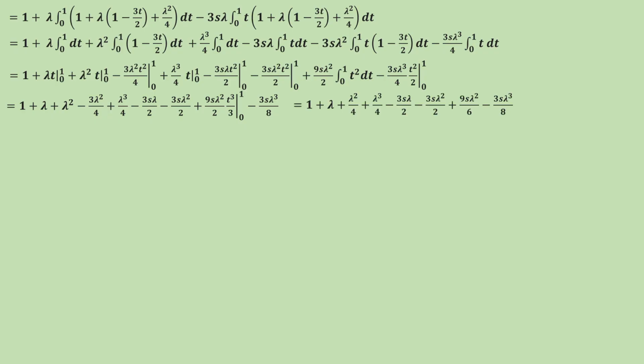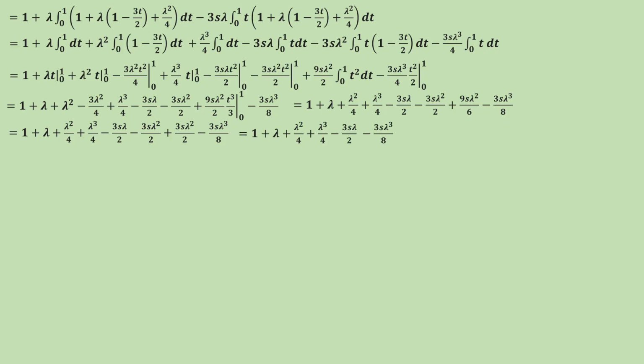1 plus lambda square by 4 plus lambda cube by 4 minus 3s lambda by 2 minus 3s lambda square by 2 plus 9s lambda square by 6 minus 3s lambda cube by 8. So grouping the terms, 1 plus lambda square by 4 plus lambda cube by 4 minus 3s lambda by 2 minus 3s lambda square by 2, then 9 by 6 can be written as 3 by 2, 3s lambda square, minus 3s lambda cube by 8.